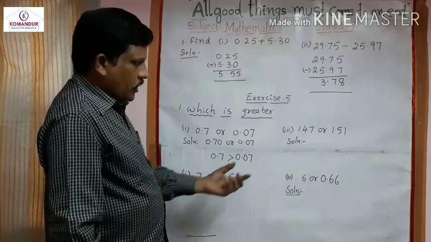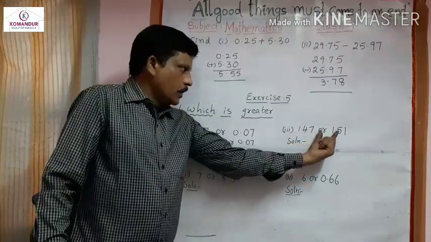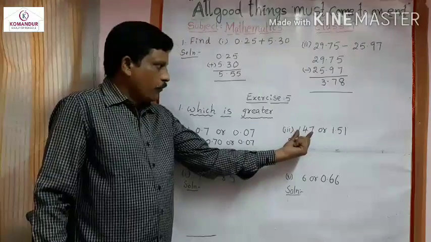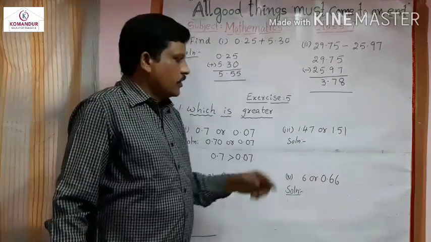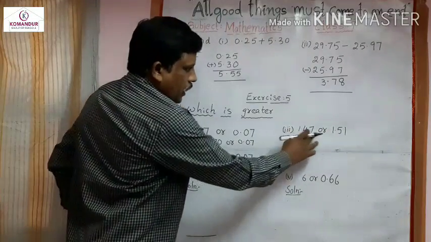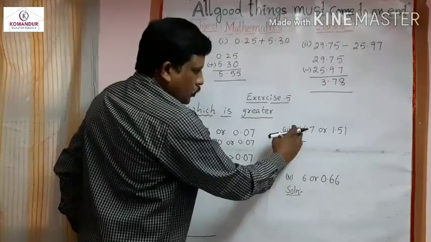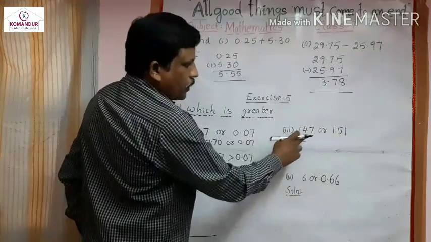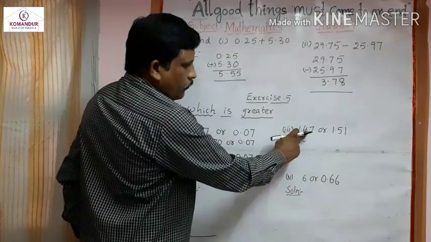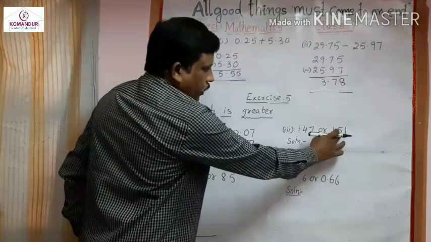Once you see here, both are like decimals only. See 1.47 and 1.57. The 1 is the same, so we compare the next digit after the decimal. What is the number? 4 here and 5 here.